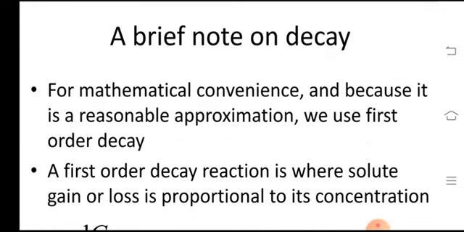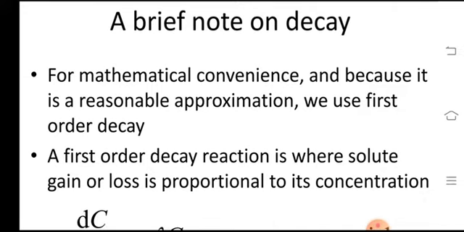And now something about the decay process. Naturally, when a chemical reaction takes place, the solute which has entered a typical medium will definitely react and change its formation and its nature.